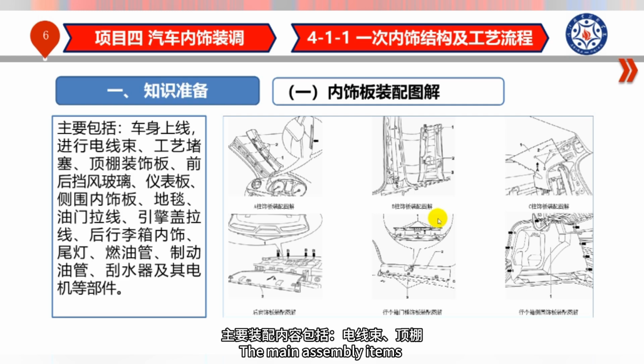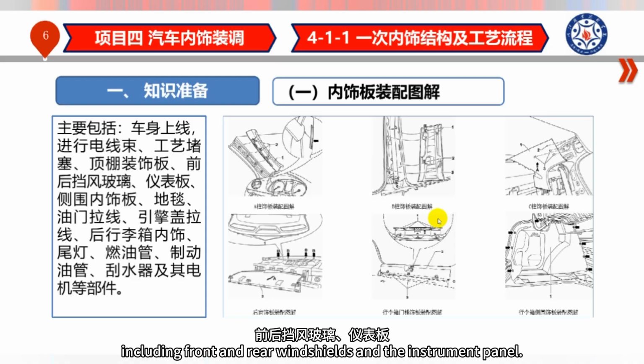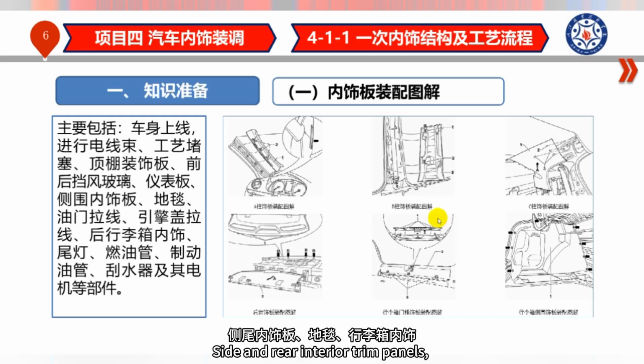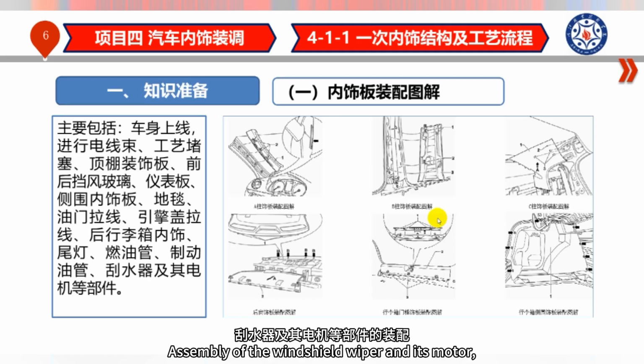The main assembly items include wiring harnesses and the headliner, including front and rear windshields and the instrument panel, side and rear interior trim panels, carpeting and trunk interior trim, tail lamps, fuel lines, and brake pipes, assembly of the windshield wiper and its motor, among other components.